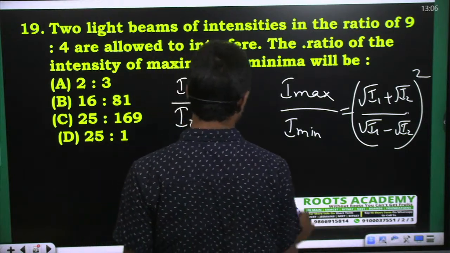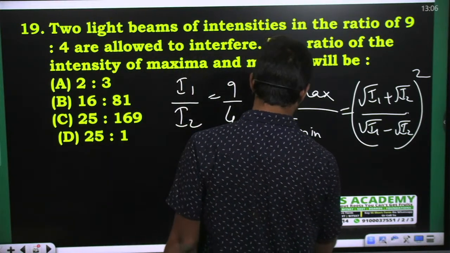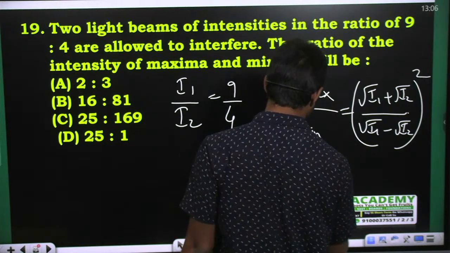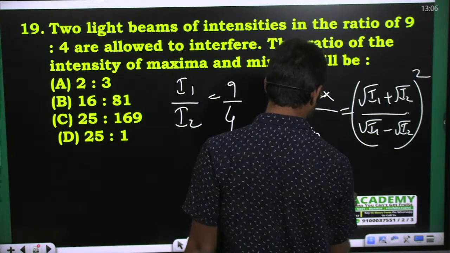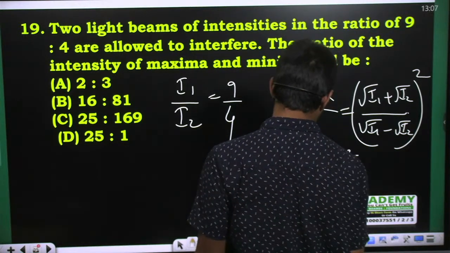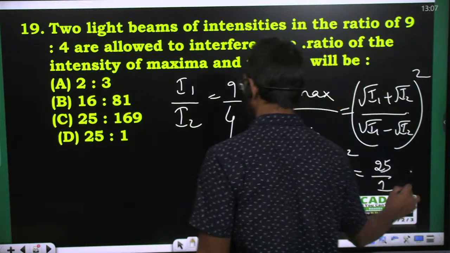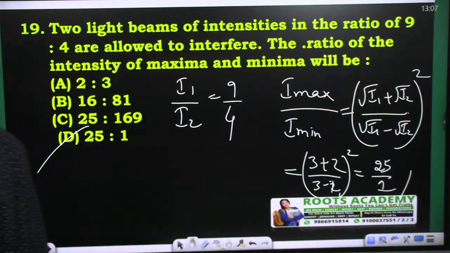So if you proceed, (3 plus 2) by (3 minus 2) whole square, 25:1. Option D. Come on, people watching online. So direct question, direct formula, nothing much.